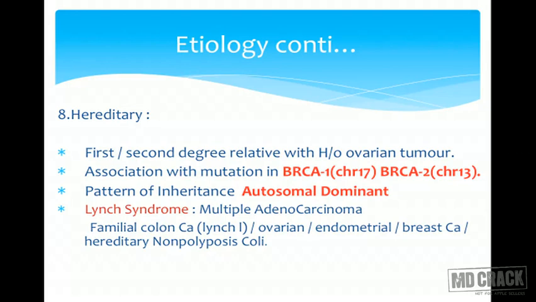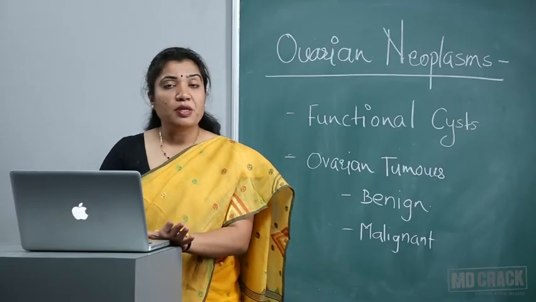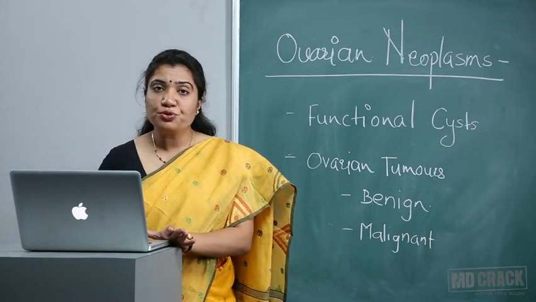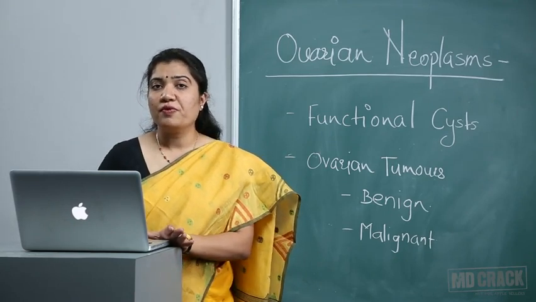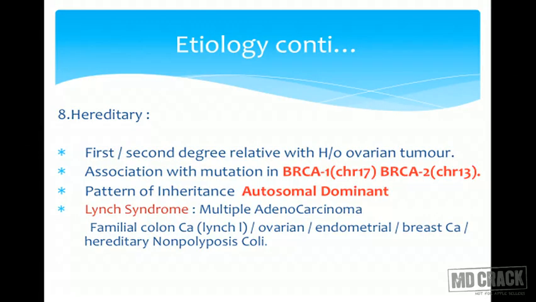Heredity is very important. If any patient has a first or second degree relative with a history of ovarian tumor, then we should keep a watch on that lady, because she has a very high risk of developing CA ovary. There is an association with mutation in the BRCA1 and BRCA2 genes.